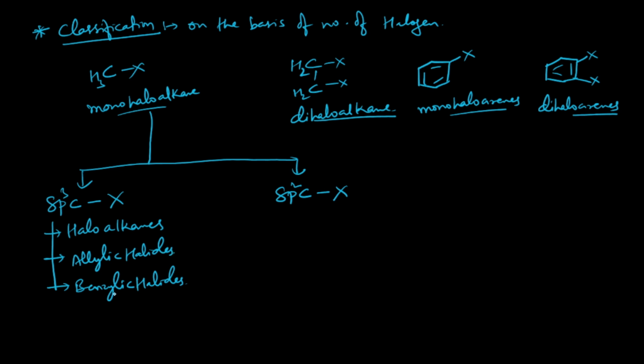Allylic halides we know, and benzylic halides we'll also see. In all of these, the halogen is directly attached to an sp3 hybrid carbon. Now for the sp2 hybrid carbon where the halogen is attached, the first is vinylic halides, and then aryl halides.